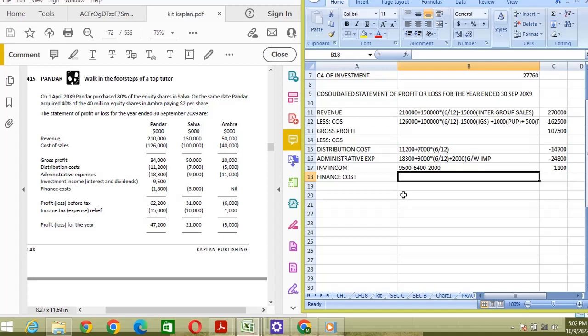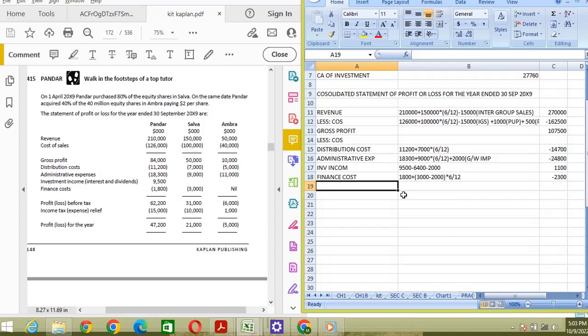What is the finance cost of the parent? 1,800 plus 3,000 minus 2,000 interest income which has been paid by the subsidiary to the parent, and then we will take 6 divided by 12. So 1,800 and 1,000 is 6 divided by 12. So 2,300 is finance cost.